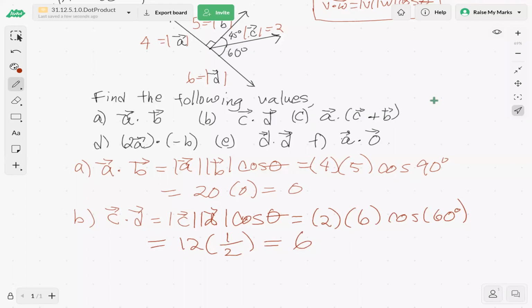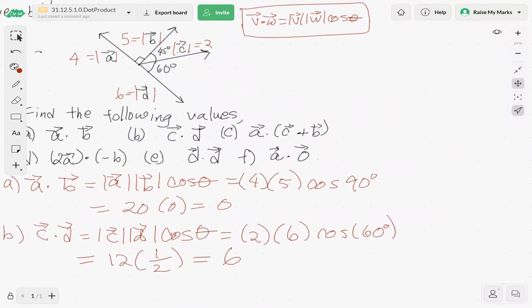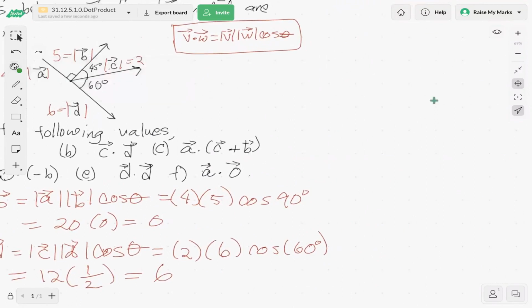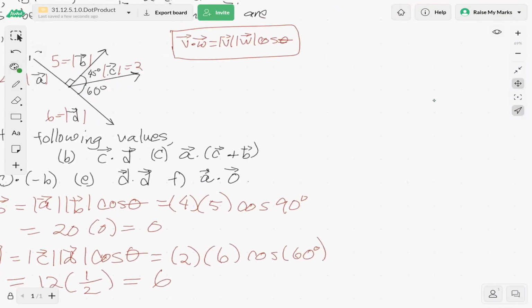Okay, we've got quite a few left. Let's scroll to the right a little bit to do C. For part C, we want the dot product of A with C plus B. We don't have the coordinates of C or B, so what are we going to do?